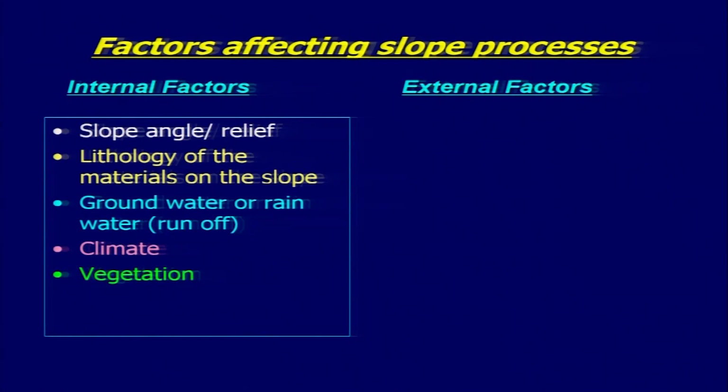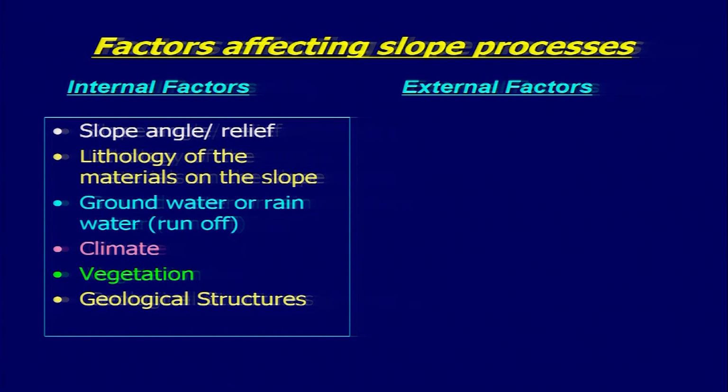What type of vegetation is on the slope also plays an important role, because vegetation can stabilize or hold the material and increase the shear strength to some extent. Of course, if you have very heavy trees, or trees with more weight, then it can result in a landslip. Then we have geological structures.